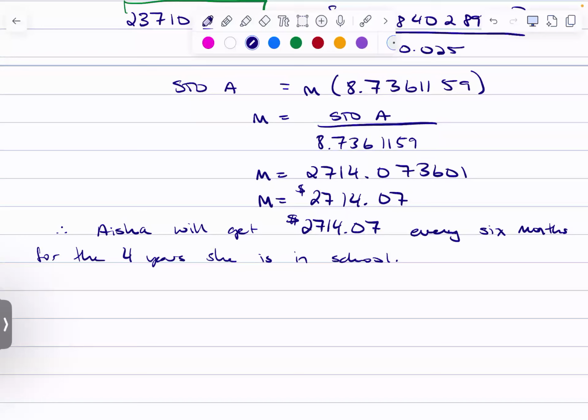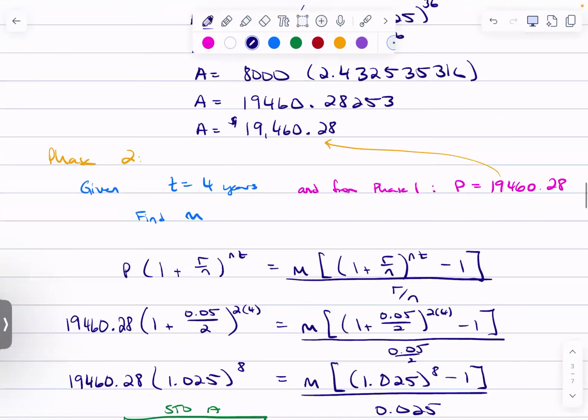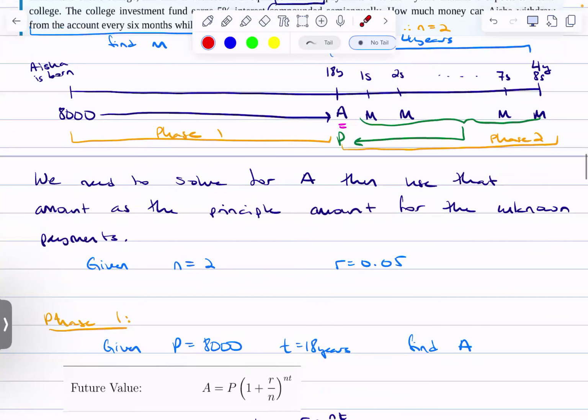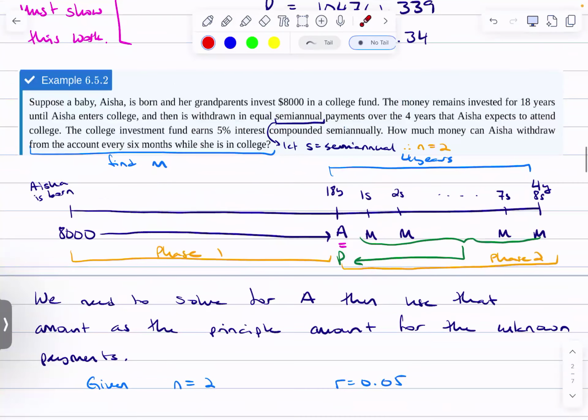It's nice of her grandparents. Wouldn't that be nice? When she was born, they put in $8,000 and it just sat there. So that's pretty good. Yeah, it's really hard to find 5%.